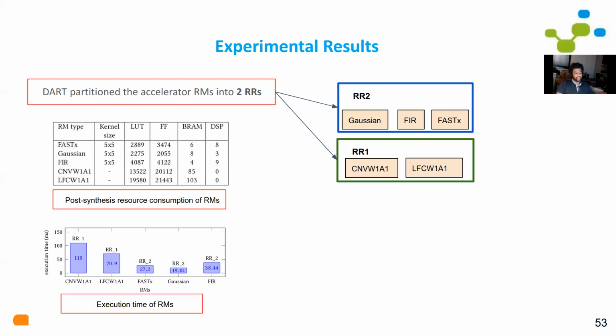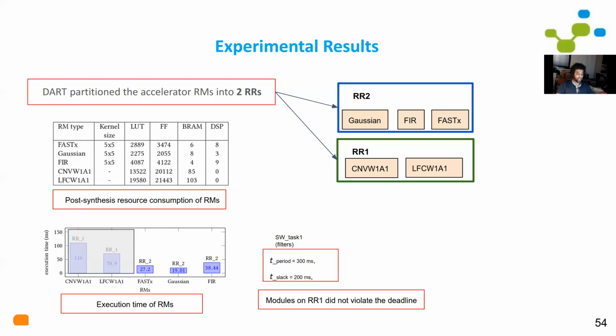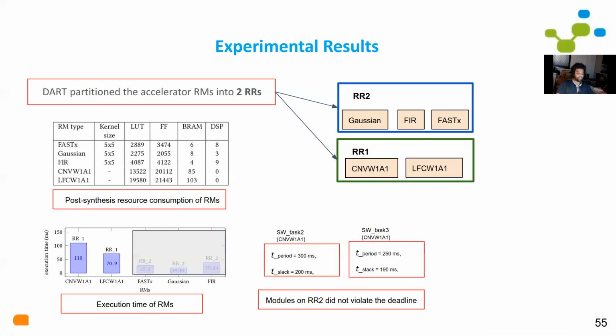Here we depict the execution time of the reconfigurable modules. Again, for example, if we consider the 3 filter IPs, they were executed way below the timing requirements of the software task. The same holds for the 2 neural network accelerators.